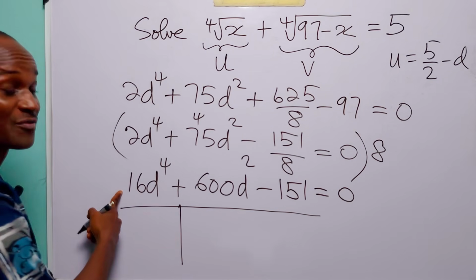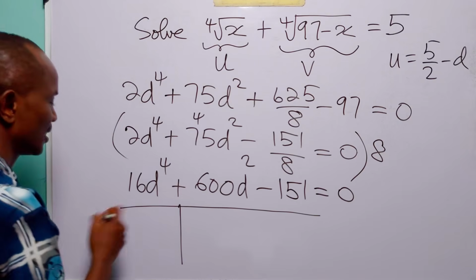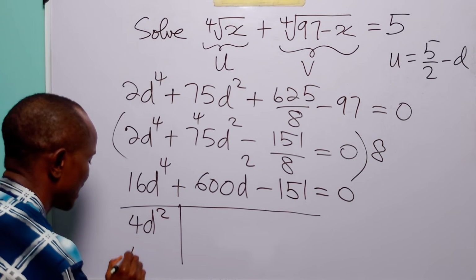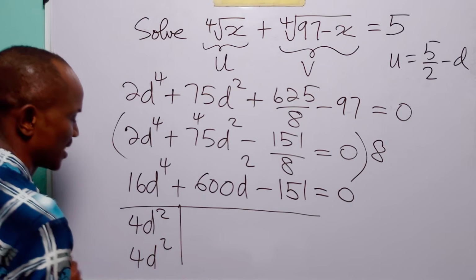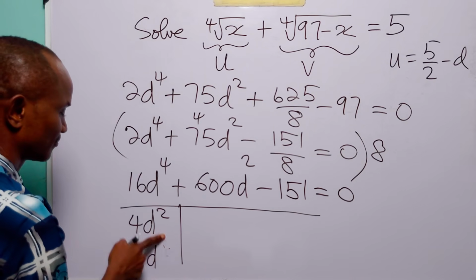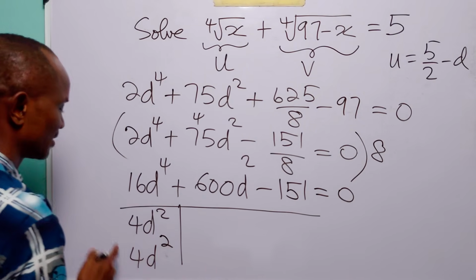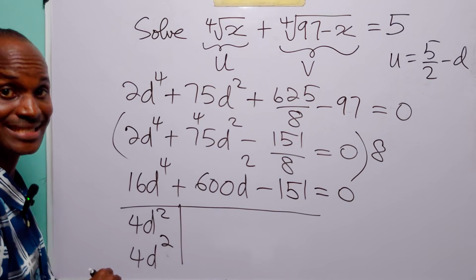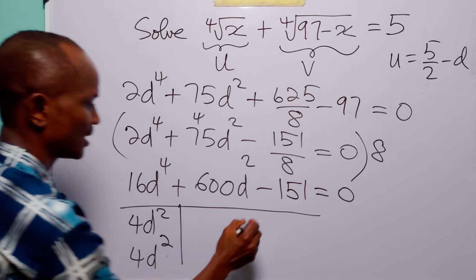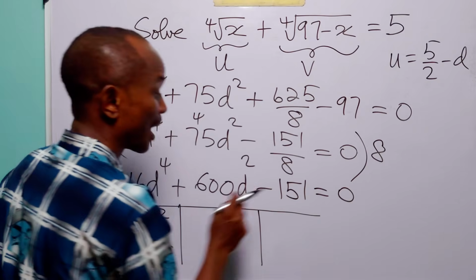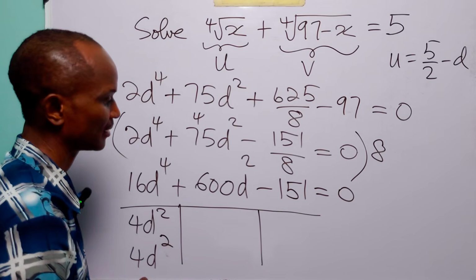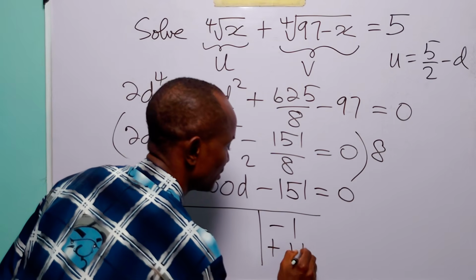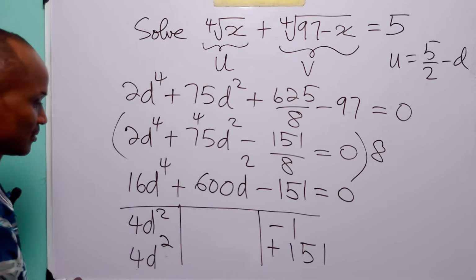Of course, the factors of 16d to the power 4 are going to be 4d squared and 4d squared, because 4d squared times 4d squared is going to give us 16d raised to the power 4. And the factors of minus 151 are going to be minus 1 and plus 151.